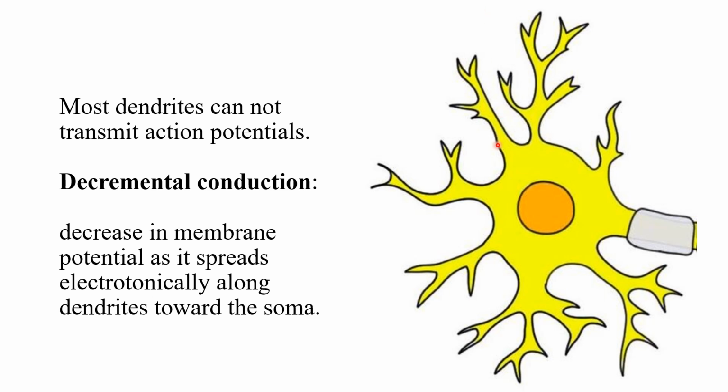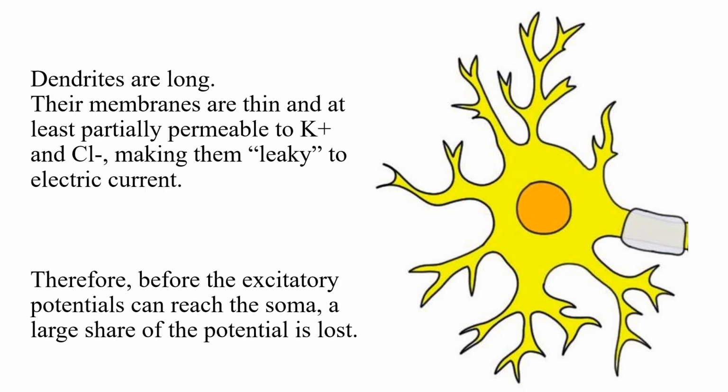Now, because the membranes of the dendrites are long and thin, they are more leaky to potassium and chloride, which will help in what we call decremental conduction. So a large share of the membrane potential will be lost as it reaches the soma or the cell body.